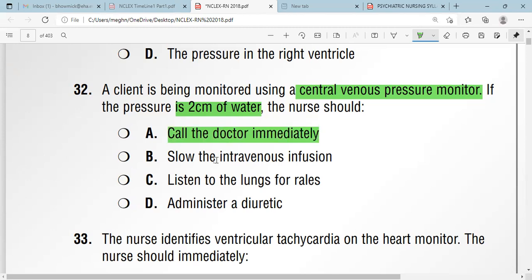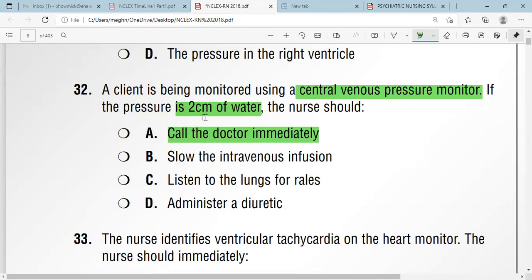Because I am an RN, I am not allowed to slow down an intravenous infusion without a doctor's order. I can check the lungs, right?